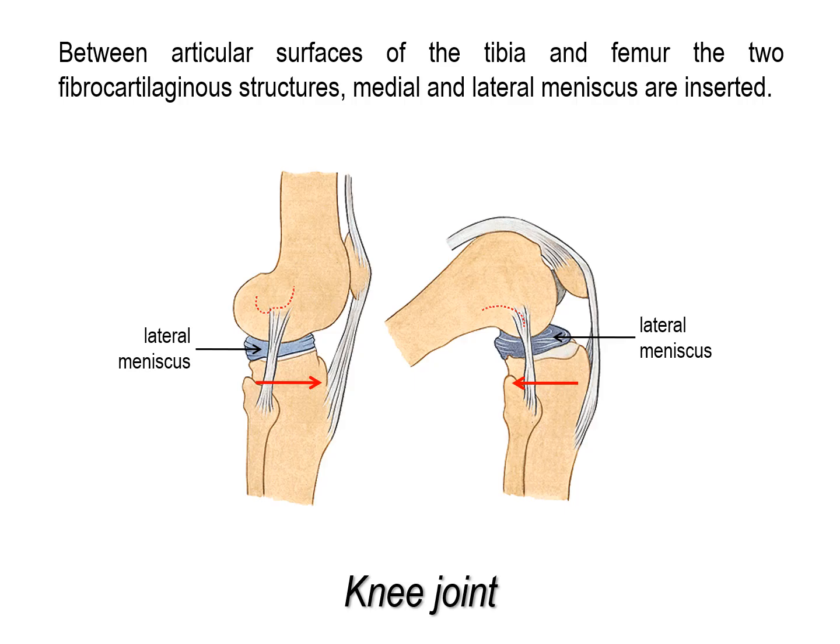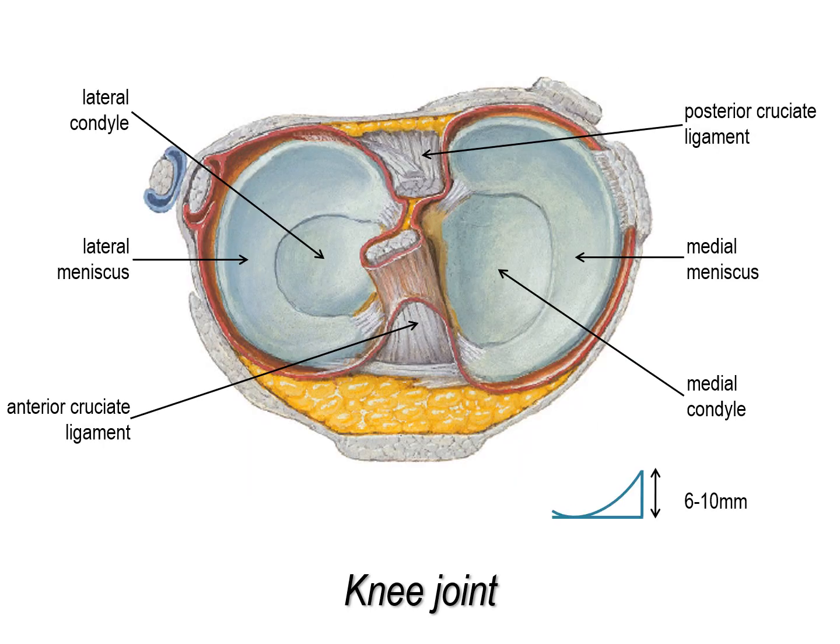The thick outer border is fixed to the fibrous capsule, and the thin inner border is free. They have two thin surfaces. The upper surface is concave for the femur, and the lower surface is flat for the peripheral 2/3 of the tibial condyles. The lateral meniscus is circular in shape, while the medial meniscus is semilunar in shape.